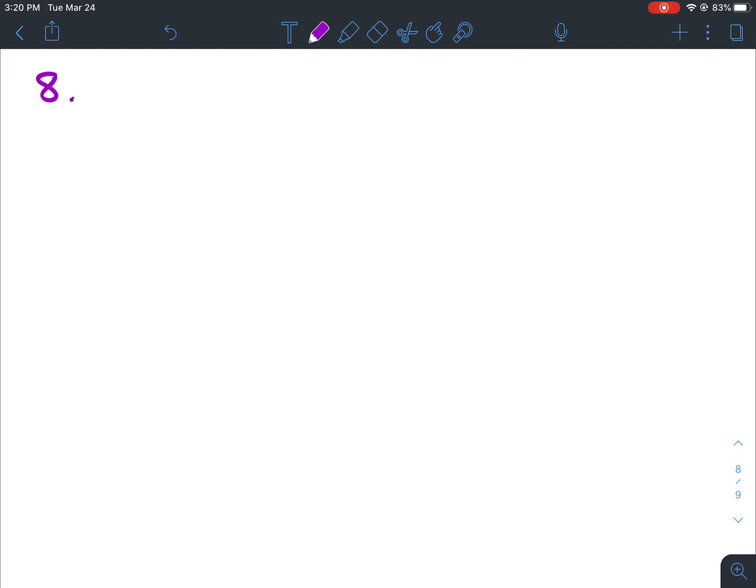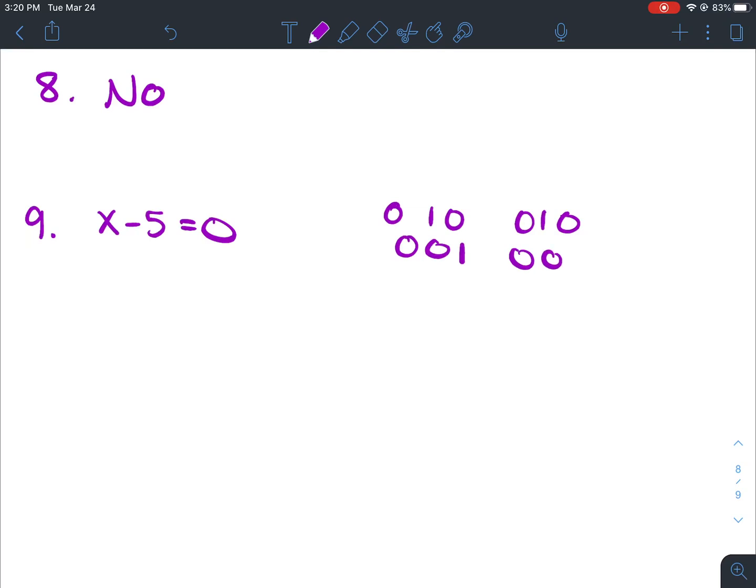Question 8, no, they don't define a plane. And question 9, the answer is x minus 5 equals 0. You have to write the scalar equation of a plane. So you take the direction vectors and do the cross product. Oh God, I just did that wrong.